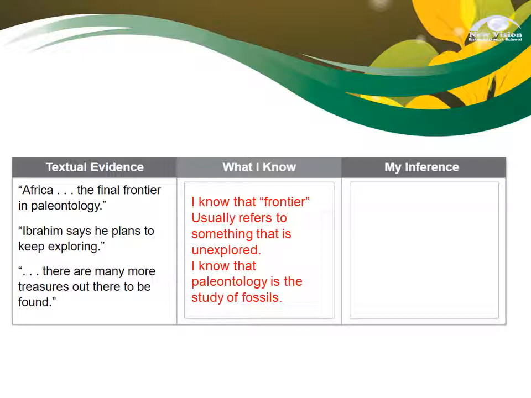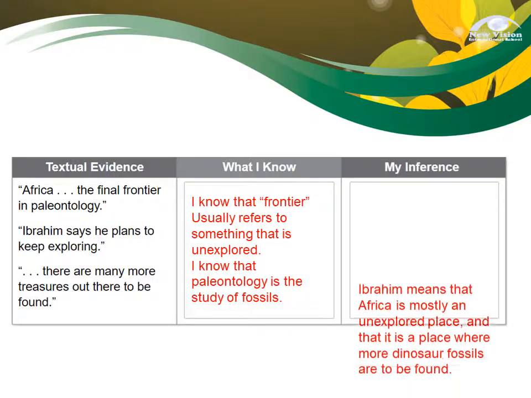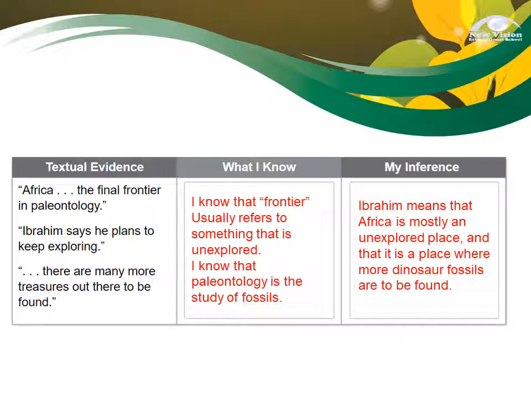Based on these, what conclusion can you make? Ibrahim means that Africa is mostly an unexplored place and that it is a place where more dinosaur fossils are to be found.